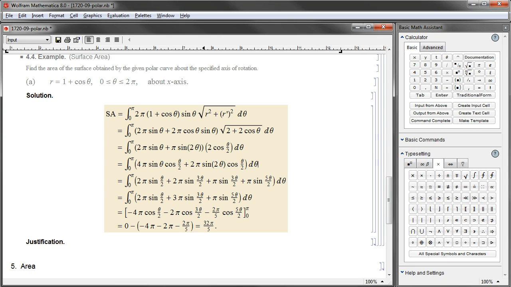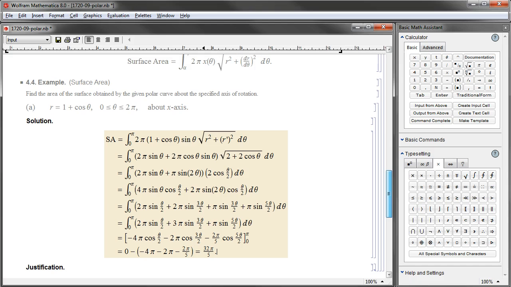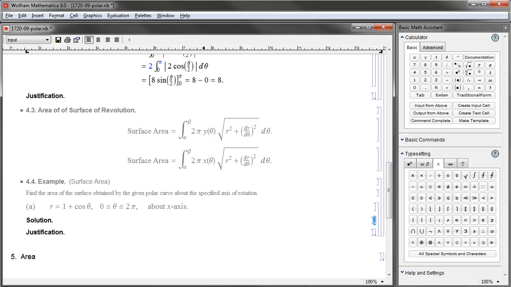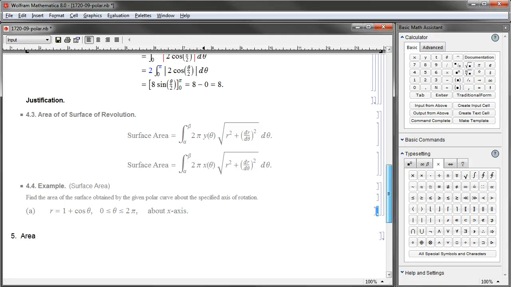So it's one half of sine of a minus b plus sine of a plus b. That's the formula. So 3 theta over 2, 5 theta over 2. After a little bit of simplification, and then applying the fundamental theorem of calculus here, we end up with 32 pi over 5, which is the precise value. Long and complicated, yes, and we used multiple techniques from chapter 7, but this is one of the very rare examples where you can complete the surface area computation for polar curves.